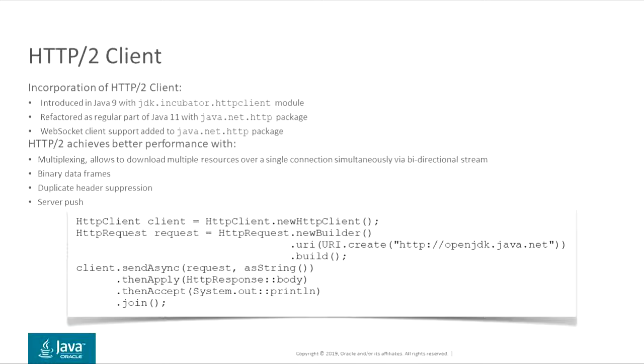HTTP2 allows a bidirectional connection stream to be opened between the client and a server, capable of transferring both text and binary data, suppressing duplicate headers, and enabling kind of server push. So that's an interesting thing to explore.